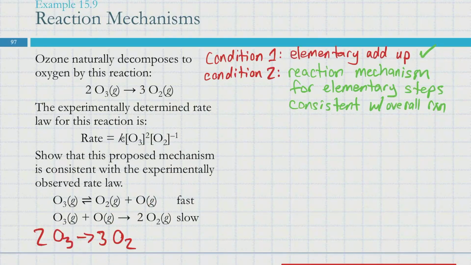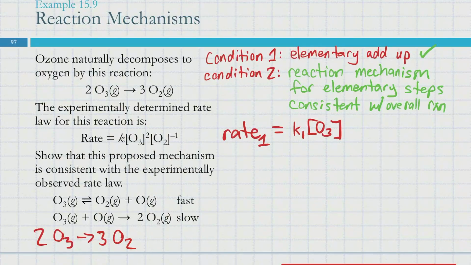So for step 1, we've got rate 1. Rate 1, in the forward direction, we've got O3. So K1 times the concentration of O3.